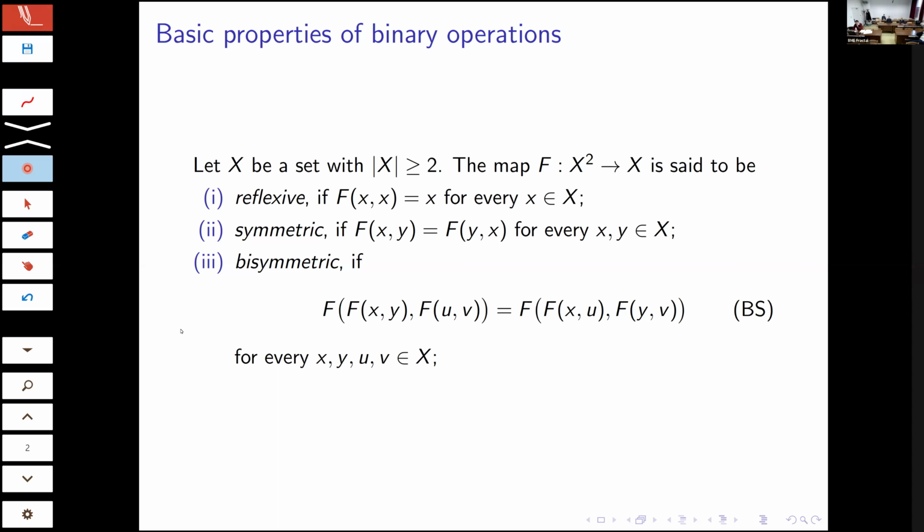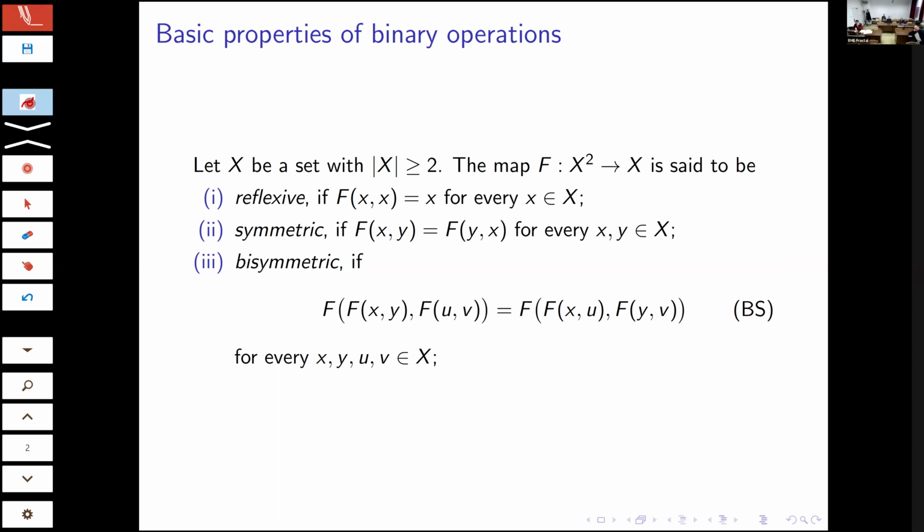Next, bisymmetry. Bisymmetry is defined by this equation, but what's happening is that we are changing these two variables, and it inherits some structure. Let me write something.